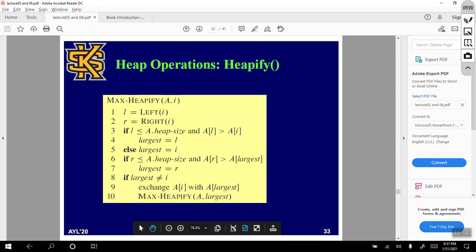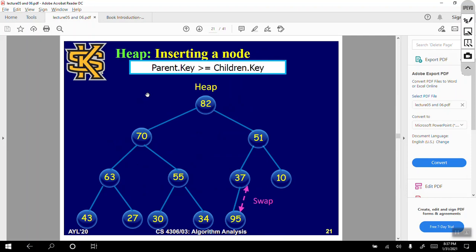Then we call the max Heapify algorithm again with largest, to repeat the same process for the next subtree. That means we need to check whether this value is greater than this value or this value. If one of these values is greater, we swap again.